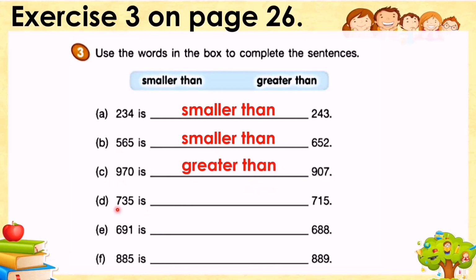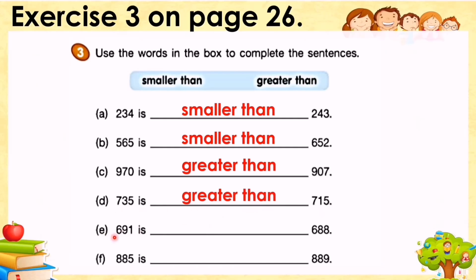Letter D, 735 is blank 715. If you will compare 735 to 715, which is the greater number? 735, so you will write here greater than.